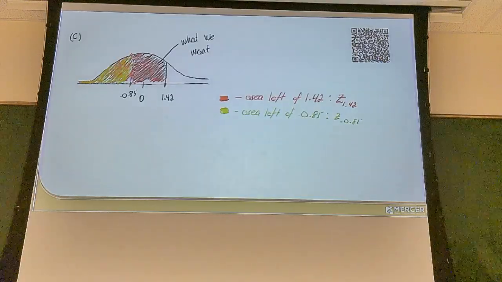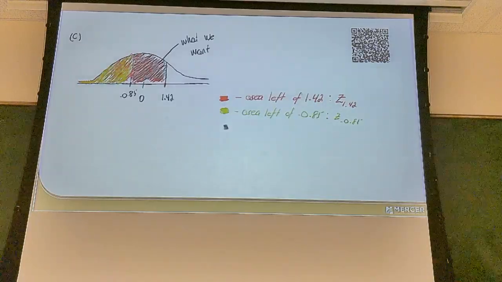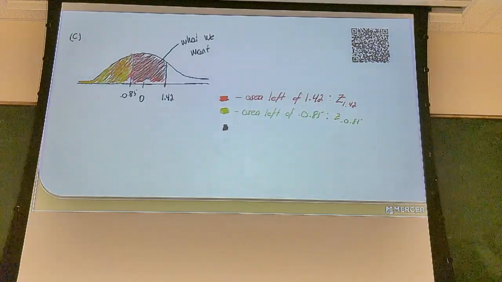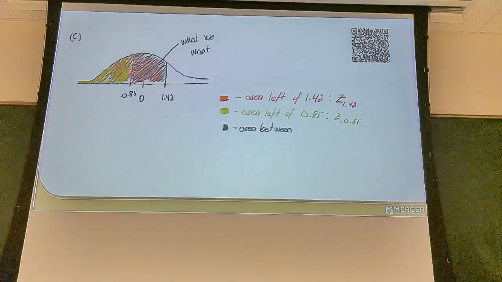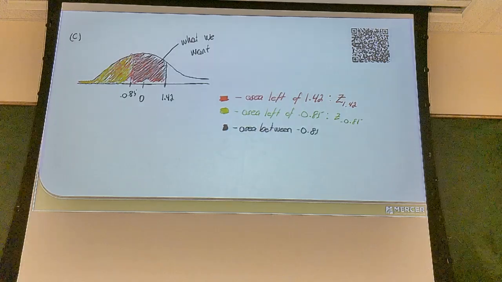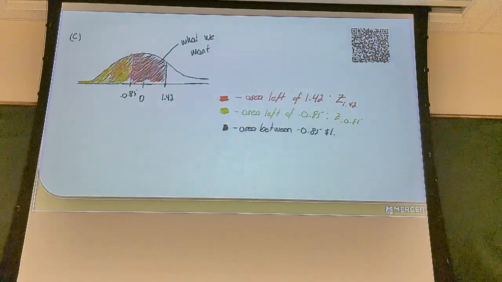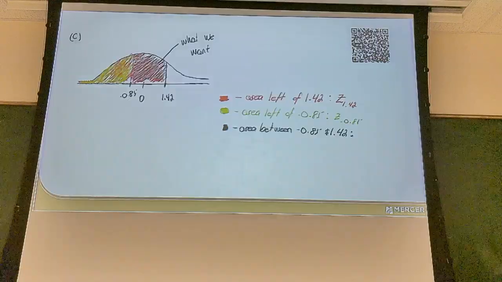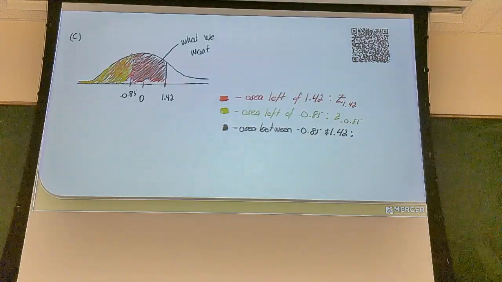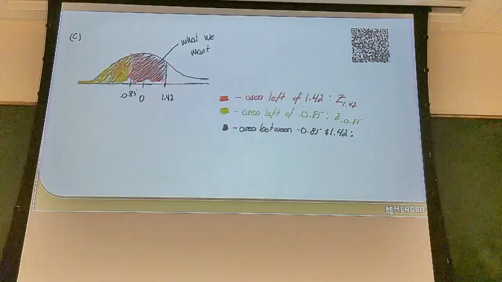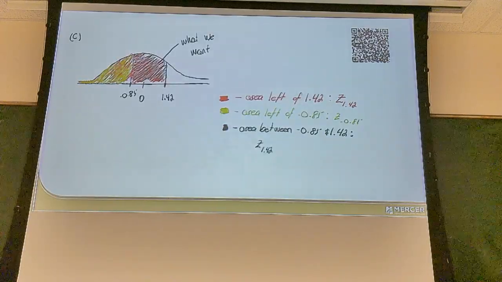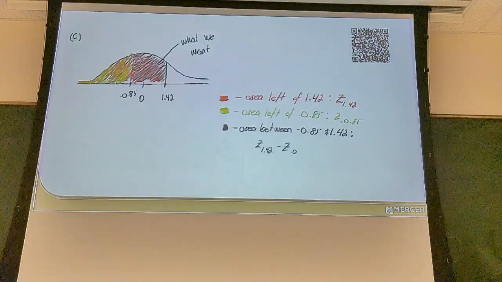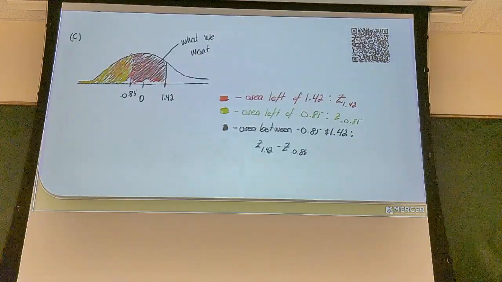So what is our area? It's the area to the left of 1.42 minus the area to the left of negative 0.85. And both those areas are on the table.